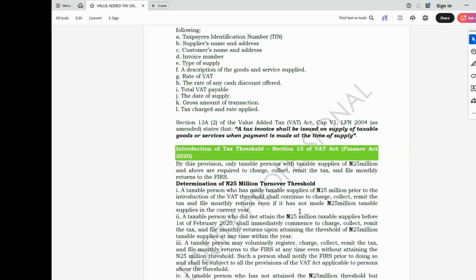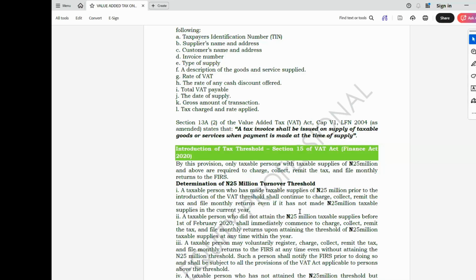And as at February 2020 also, between January to February, you are also yet to get to that 25 million. You are not expected to charge VAT because you are not yet up to the threshold. You'll only be liable to charge VAT anytime you get to the threshold within the year.